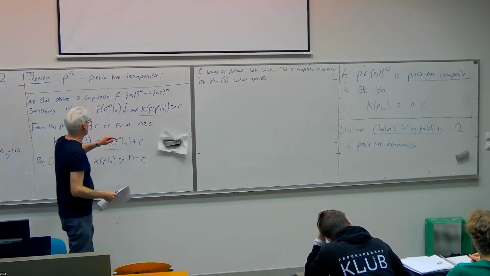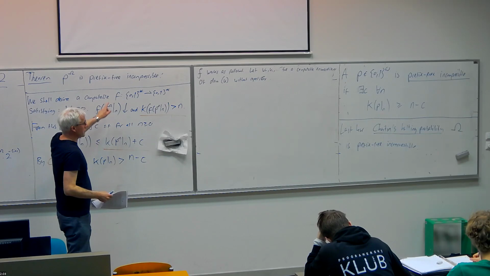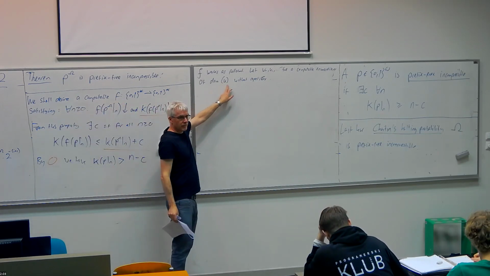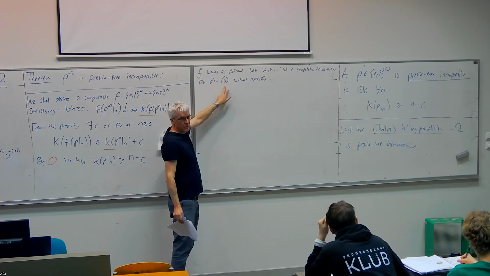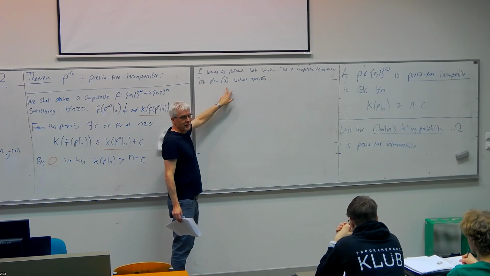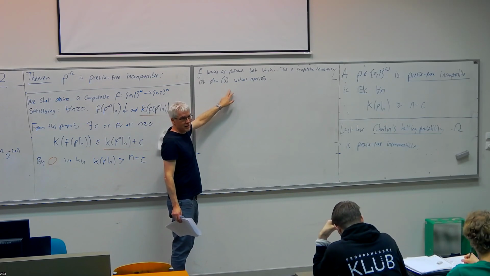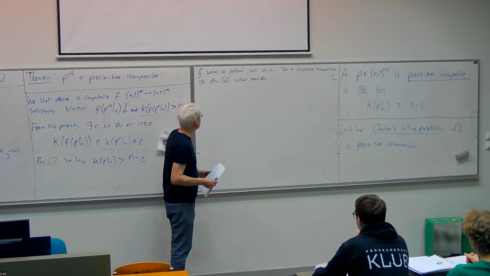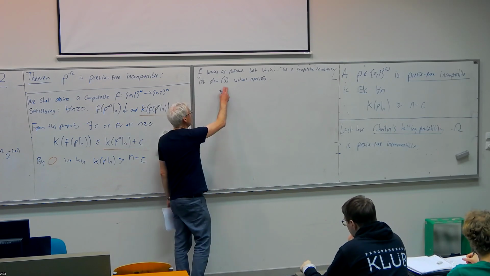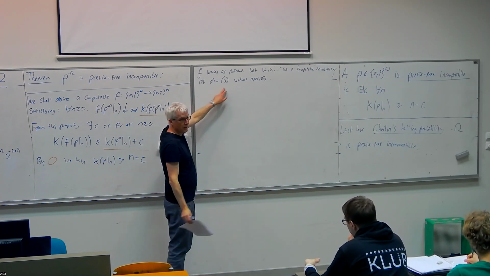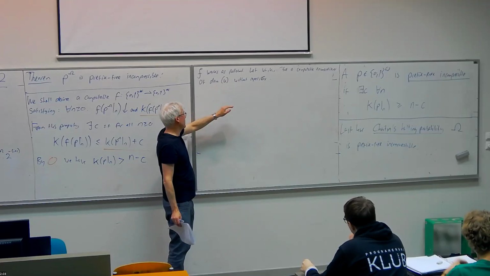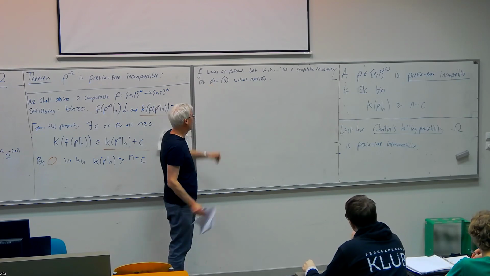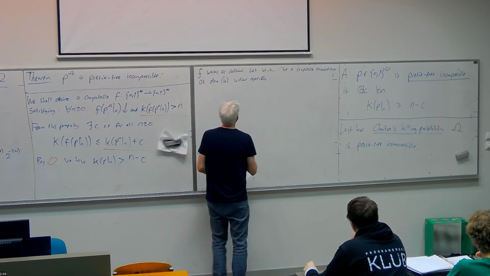So U is the universal computable prefix-free function. U is a computable partial function. Its domain is clearly infinite because it's a universal function and you can give it inputs to compute every possible output sequence. It's a computable partial function, so its domain is a computably enumerable set, or semi-decidable set. We're now talking about sets of words, but anyway, you know what a semi-decidable set is.